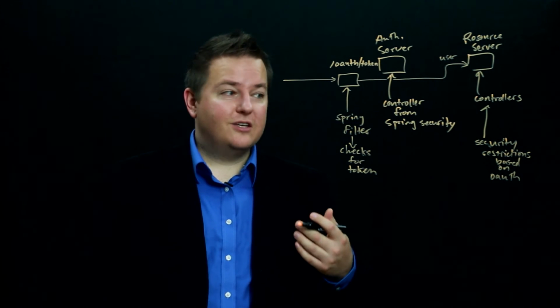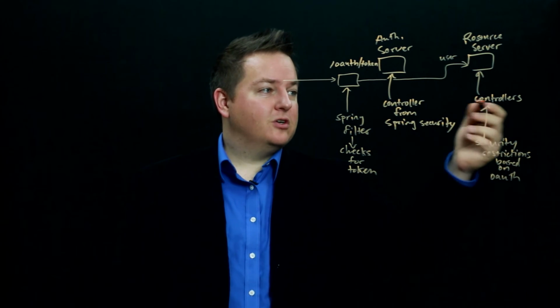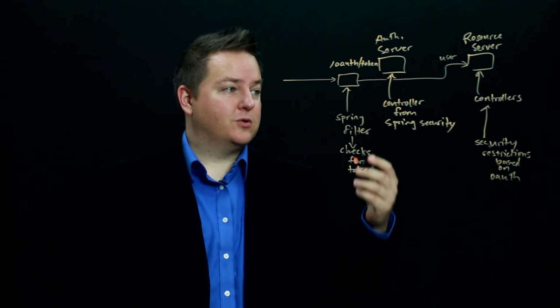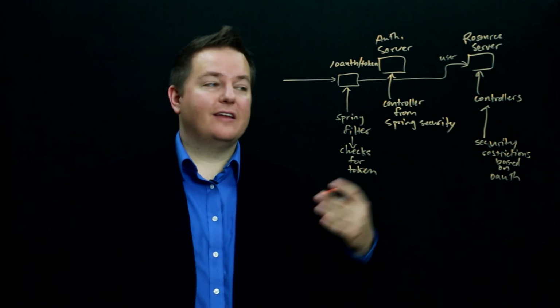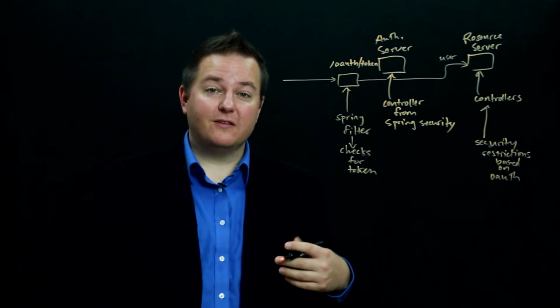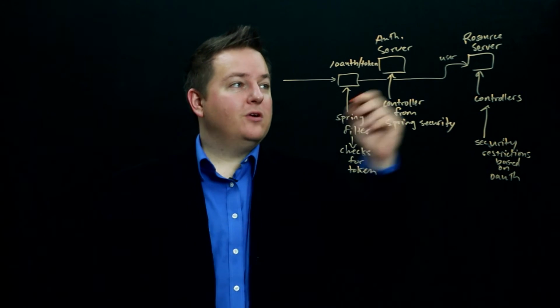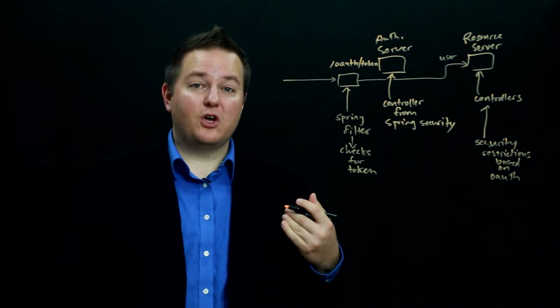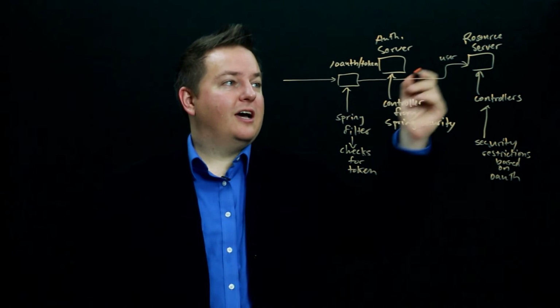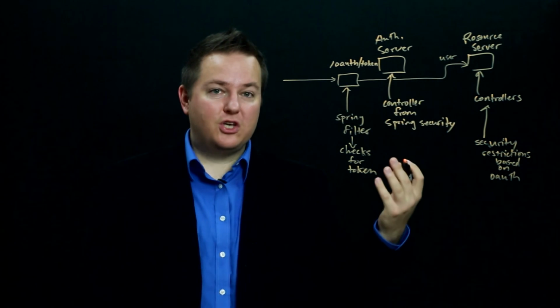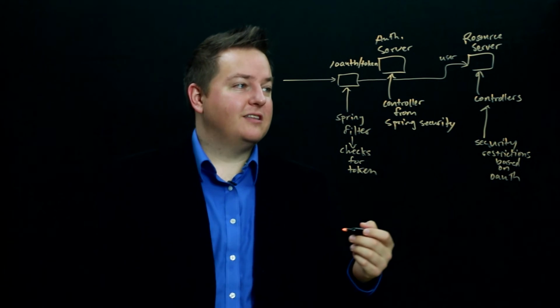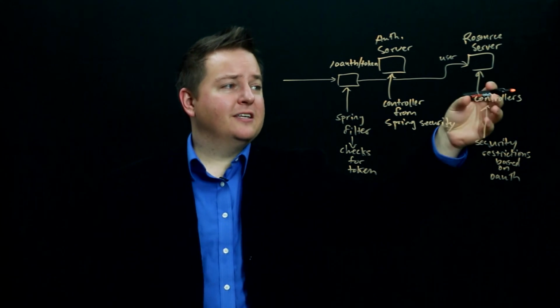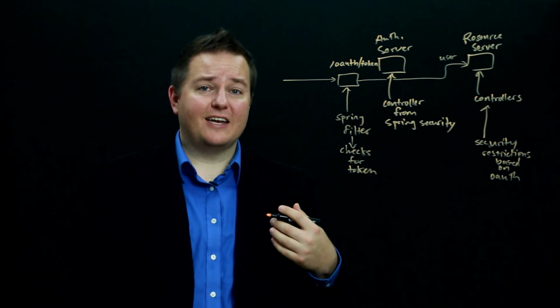So we can add assertions about the methods in our controllers, saying that if a client is accessing a particular controller method through OAuth, the token that they're providing must have a certain scope associated with it. So it's not just a user, but a particular scope that defines the actual methods or controllers that client can get access to.